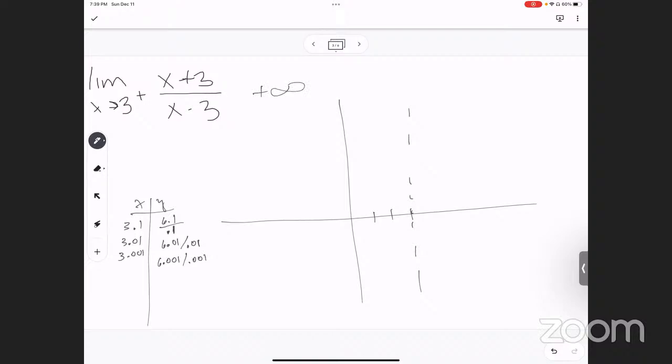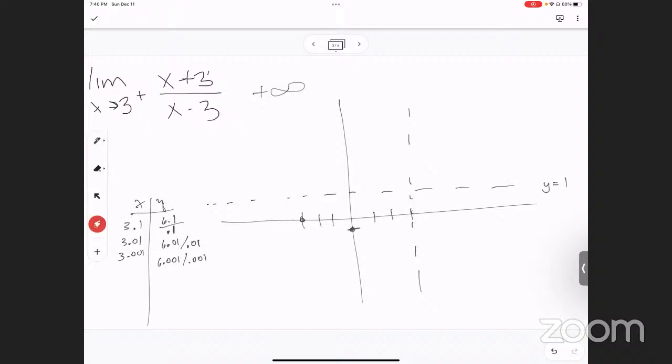Or you could graph it. If you go back to graphing, you'd be like, oh, I remember this. Here's -3, my x-intercept, where the numerator equals 0. My y-intercept is at -1, and my horizontal asymptote is at 1.